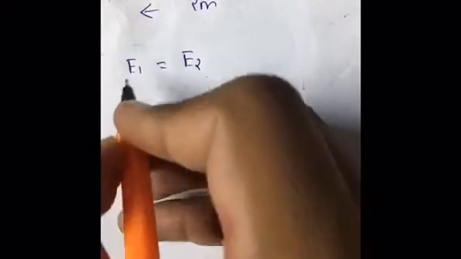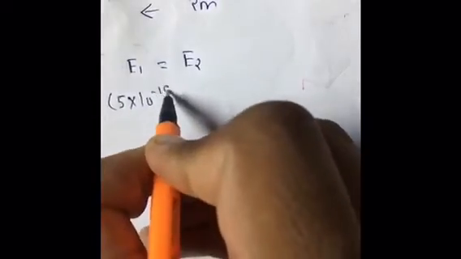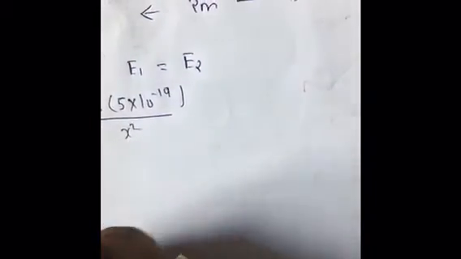The value of electric field is kq by r square. So E1 is equal to k times 5 into 10 to the power minus 19 coulomb upon r square. The distance from point P to the charge is x, so x square.